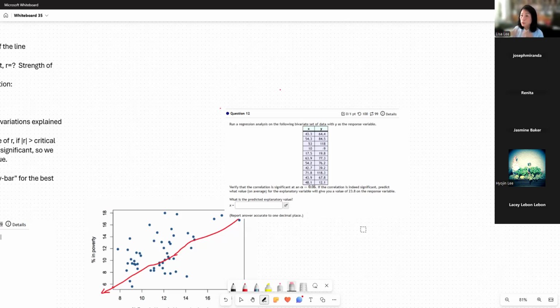Usually our problem is looking for y hat, the predicted value, the response variable. But this problem is different. It asks you to find the x. They give you the y as 23.8. So what is the x? We need to find this out from x and y first.